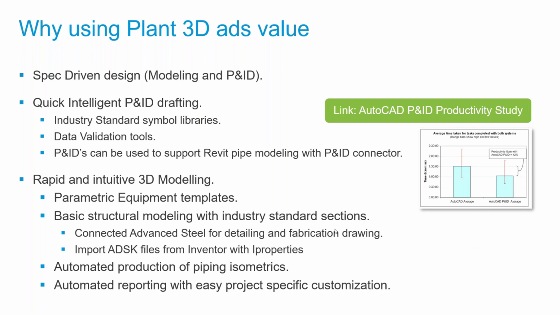Of course, there is the automatic extraction of isometrics, either isometrics or PCF files, so you can do both together as well using the isometric engine of AutoCAD Plant. And you can also create any type of report using a free tool that comes with AutoCAD Plant on install.